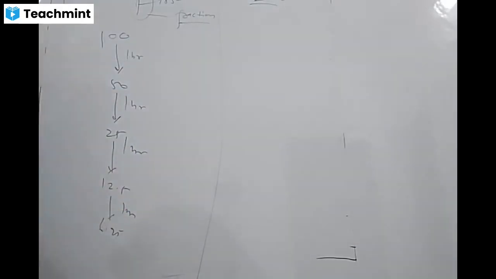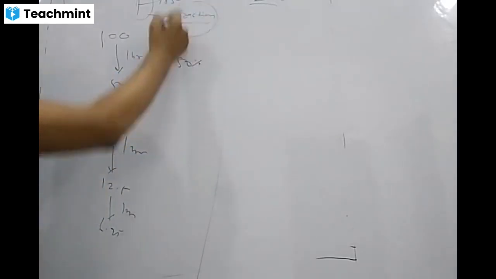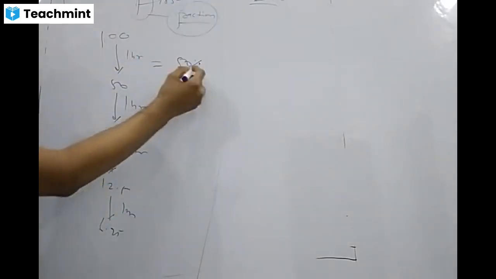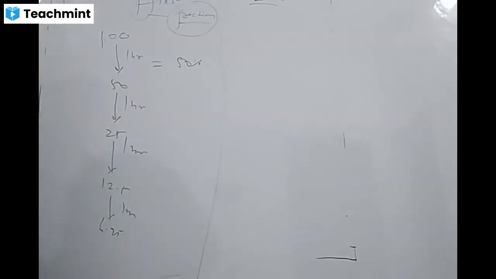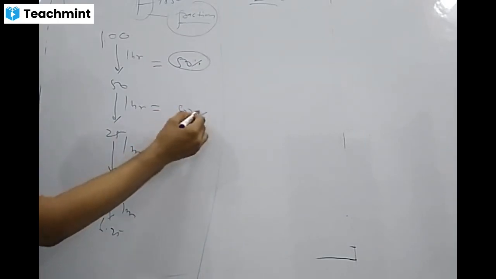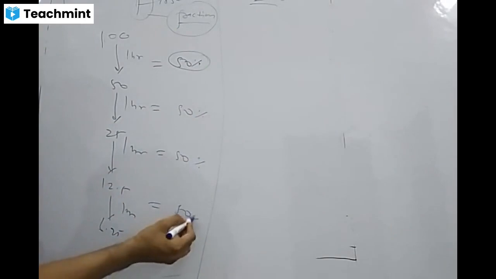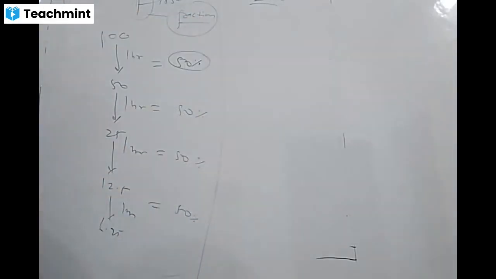So in every 1 hour, 50%, or if you make it a fraction, divide by 100, it will be 0.5. So every time 50% is eliminated. So this percentage or this fraction is constant in case of first order kinetics.